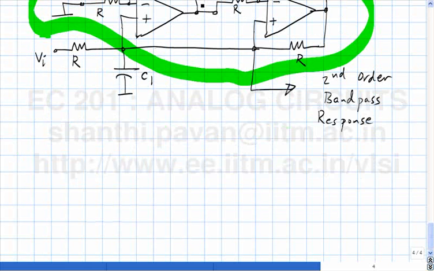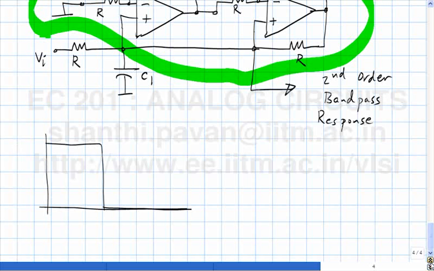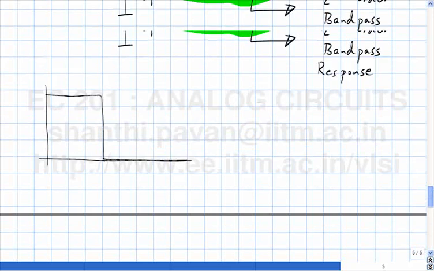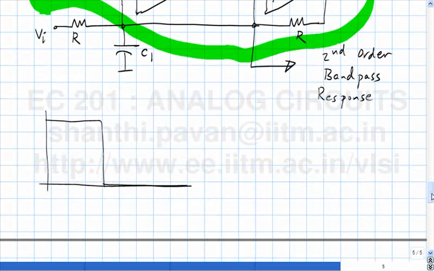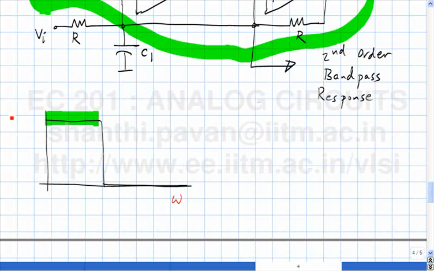So since we are on the subject of filters, when you have a frequency selective network, the basic aim is to select a band of frequencies, omega or frequency. This is the magnitude response of the network. So this band of frequencies which is let through is called the pass band, and this is the stop band.